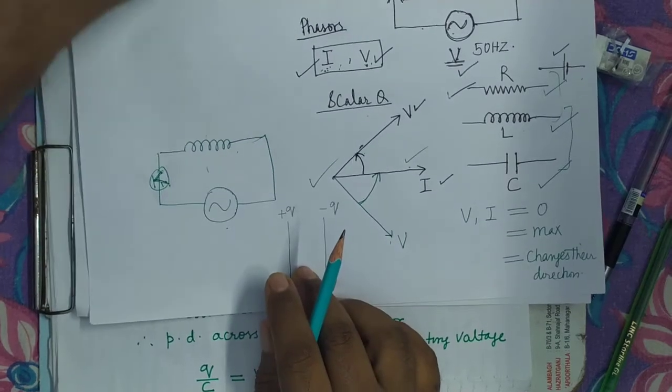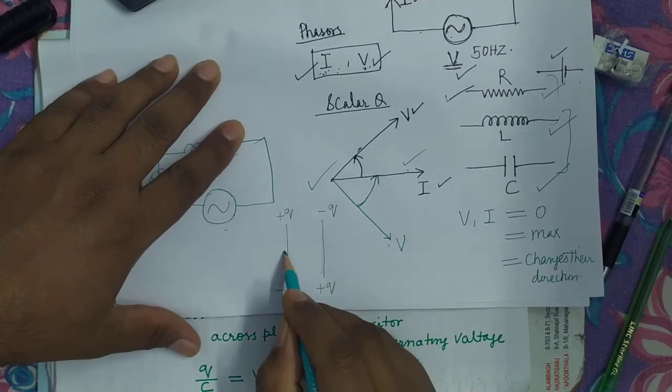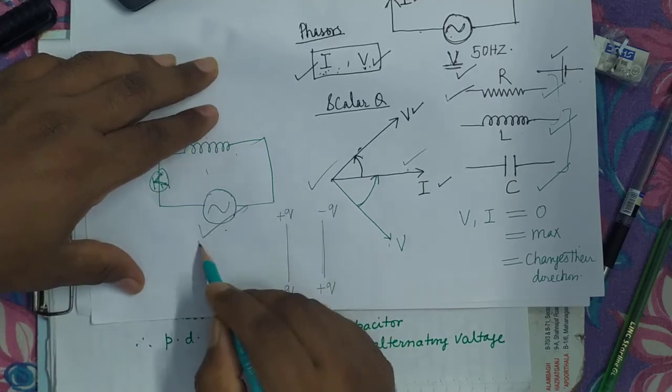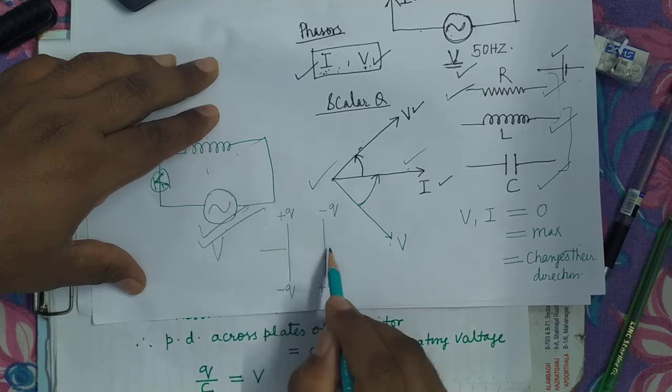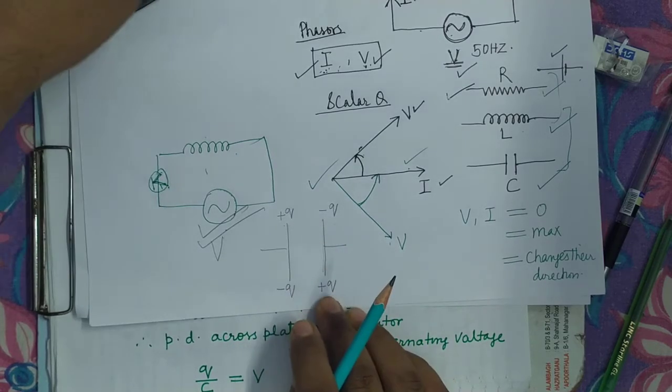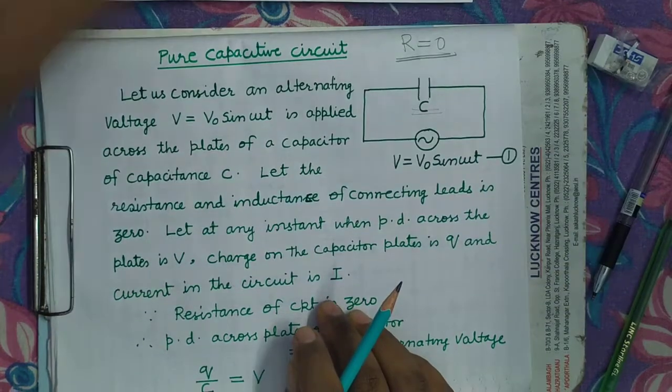It is clear? And the level of charge will also change because the voltage which is applied is an alternating voltage. The voltage which we are applying is varying, therefore the charge on the plates will also vary and it will change its sign also. It's clear?